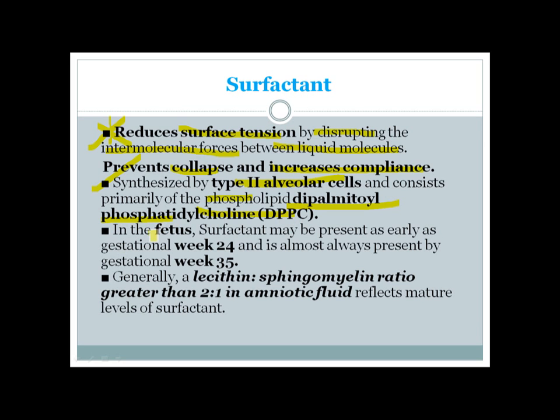In the fetus, surfactant is commonly present by 24 weeks, and it's almost always present and mature at about 35 weeks. Generally, a lecithin-sphingomyelin ratio greater than 2:1 in amniotic fluid reflects mature levels of surfactant.